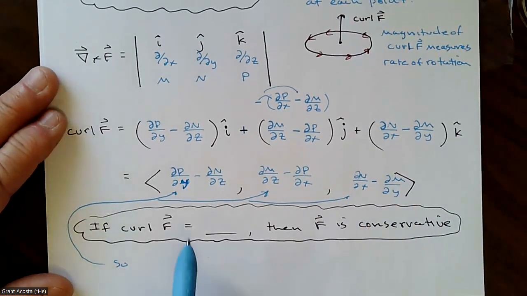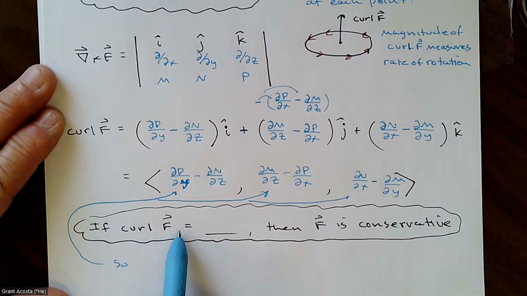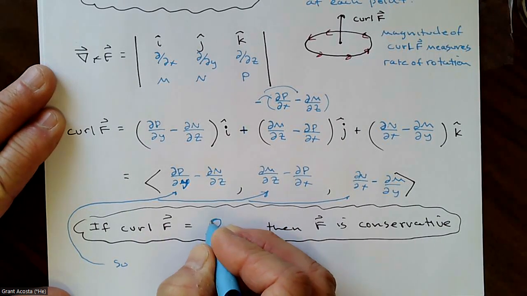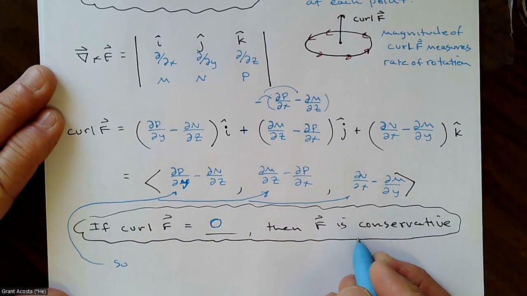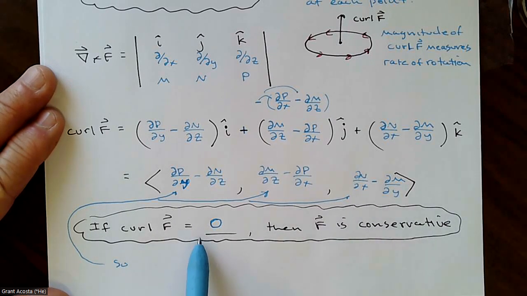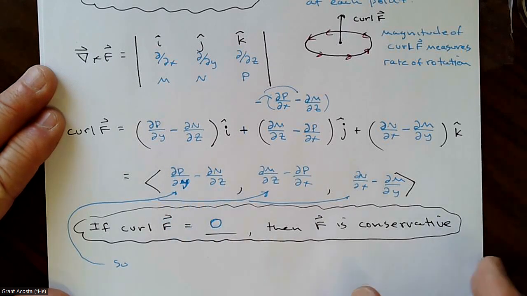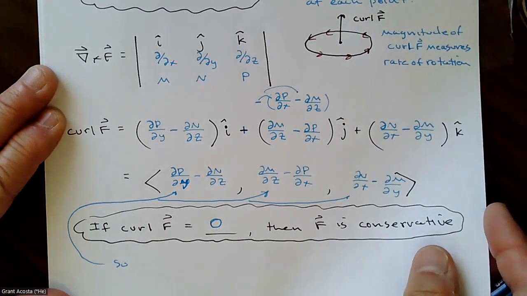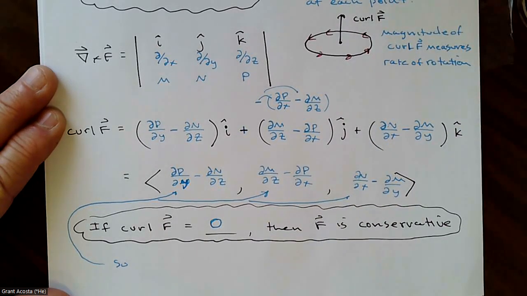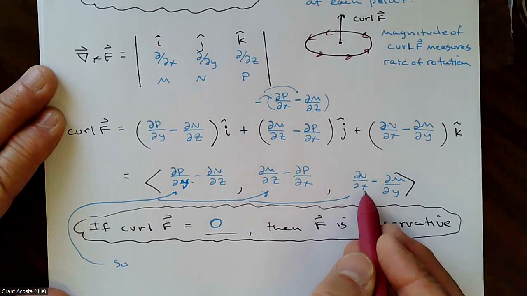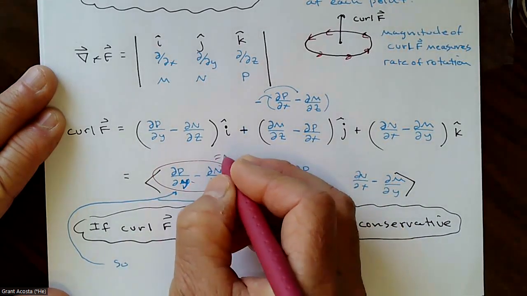And here's our definition. If the curl of a vector field is 0, then F is conservative. That's where these things come from. If I set this to 0, that means all three of these have to be 0. So if this is equal to 0, what does that mean?